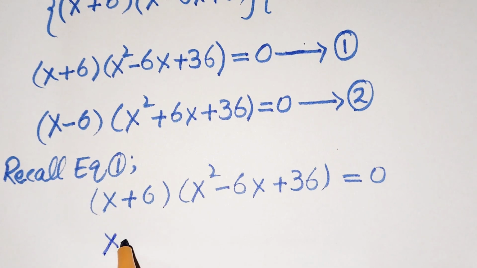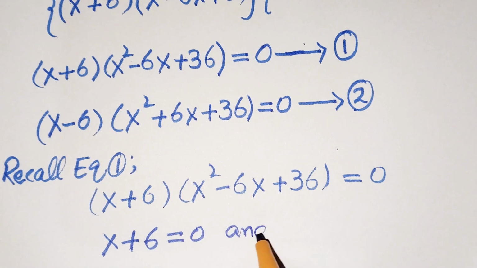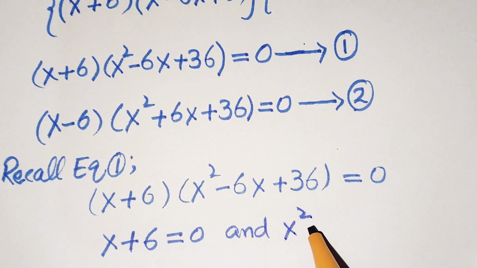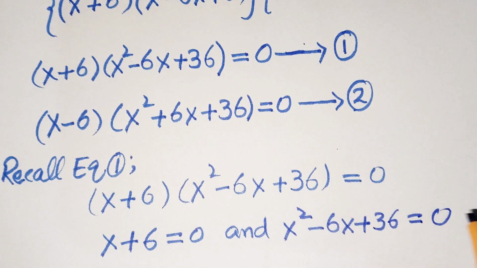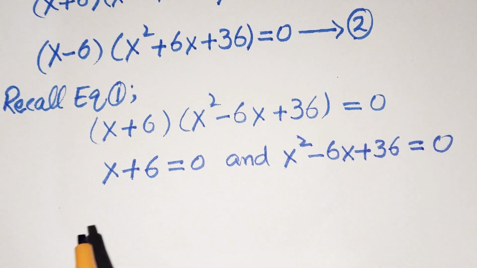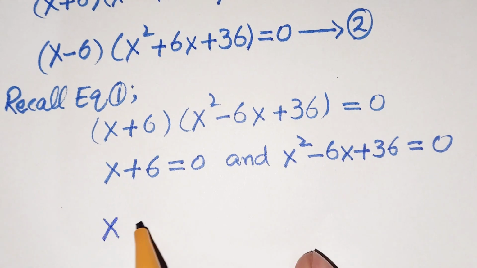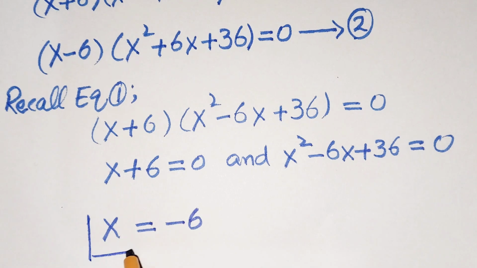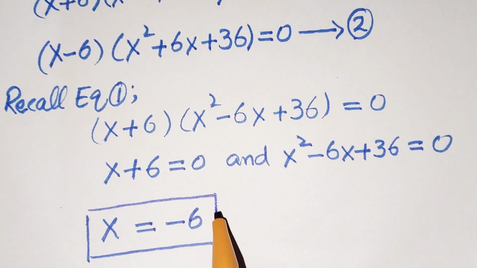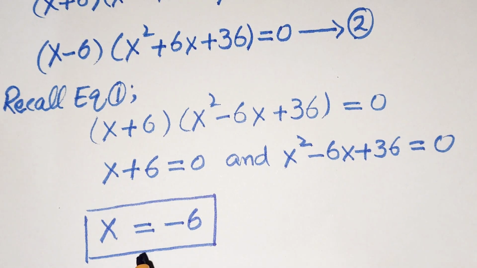First, x plus 6 is equal to 0, so x is equal to minus 6. It is the real solution of x that we have found, x is equal to minus 6. It is our first answer, and we can call it x1.